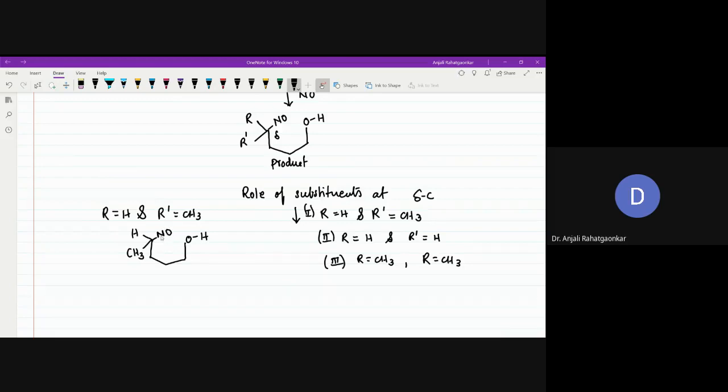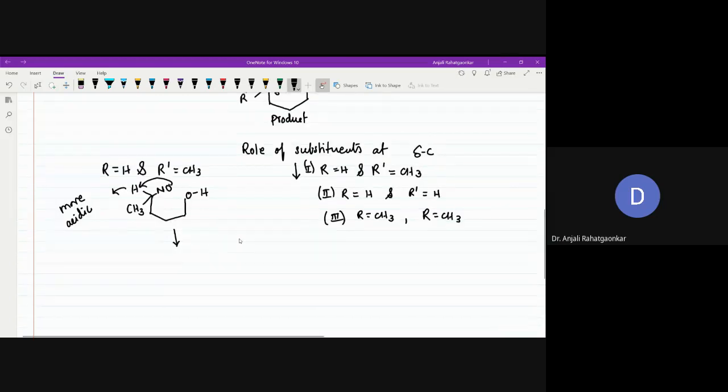Because of NO, this hydrogen becomes more acidic. If it becomes more acidic, naturally it will be protonated. So protonation will take place, and this oxygen will abstract this hydrogen. Okay.